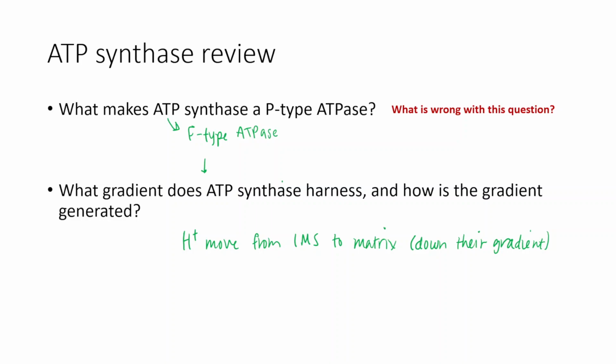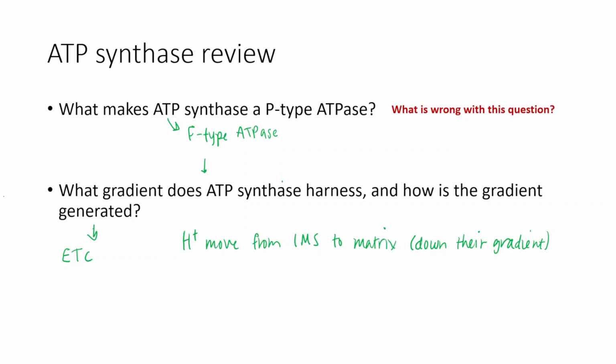And how is the gradient generated? Where did the proton gradient come from? Yeah, the previous step, which was the electron transport chain. The electron transport chain pumped all those protons from the matrix to the intermembrane space.